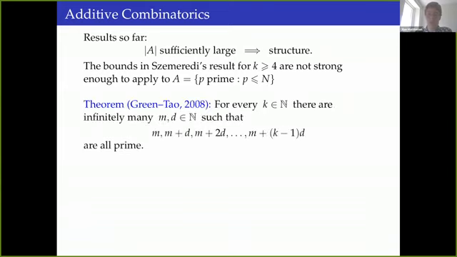So if you nonetheless would like to prove a Szemerédi type result inside the set of primes, you will have to make use of additional information about the set of primes.